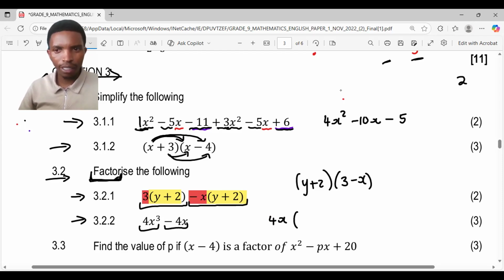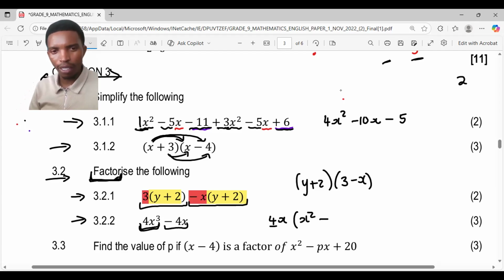So now, for this term we only have one 4. And then if we took out one x out of 3 x's, how many x's are we left with? We're left with 2 x's, right? And then we have minus. And inside of 4, how many 4s do we have? 1.